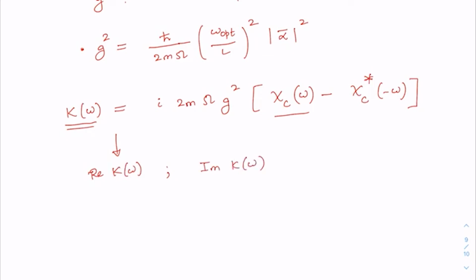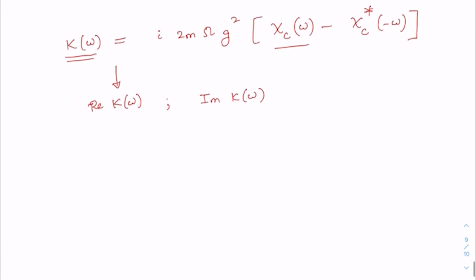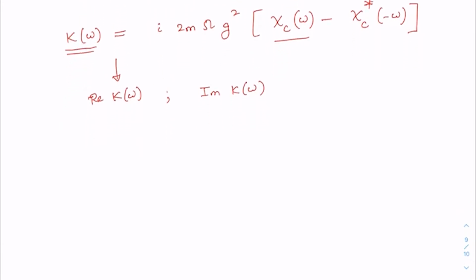With simple, straightforward algebra, you recall that this gamma optical, that means the optomechanical damping term that we obtained, is related to the imaginary part of K of omega, and this was given by 1 by m omega times the imaginary part of this quantity K evaluated at the resonance frequency of the oscillator, capital omega.